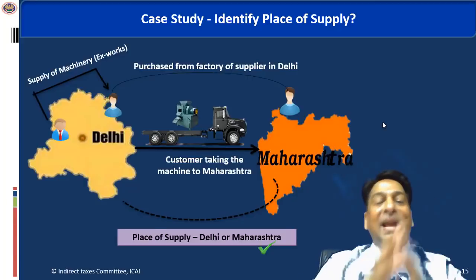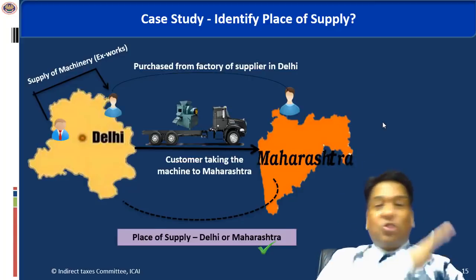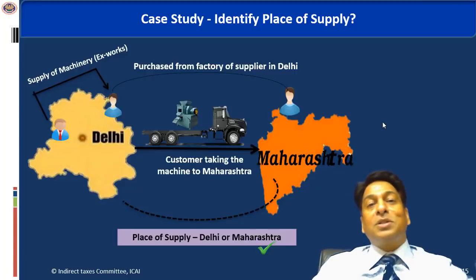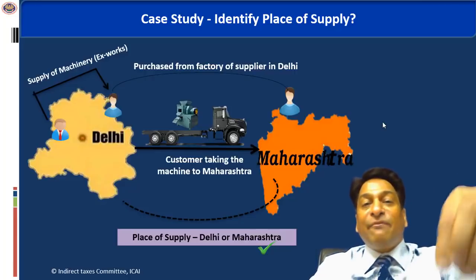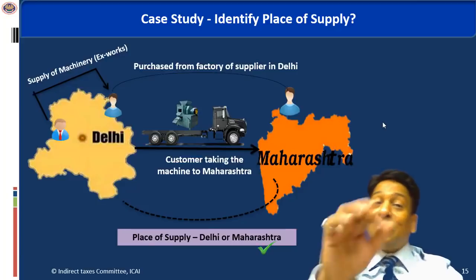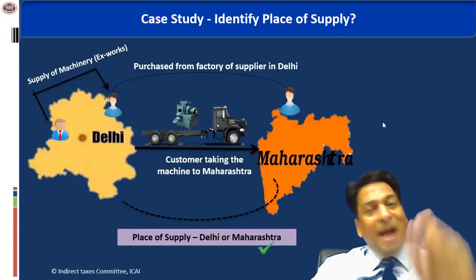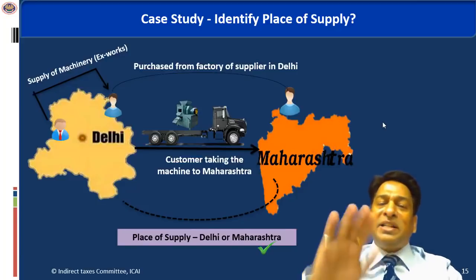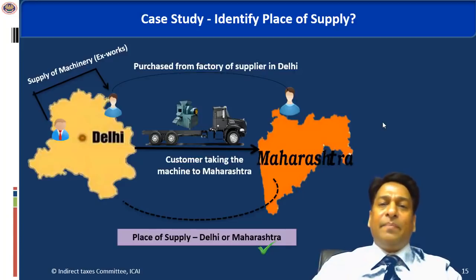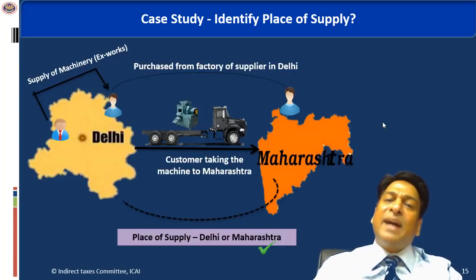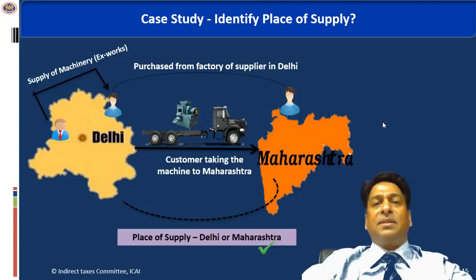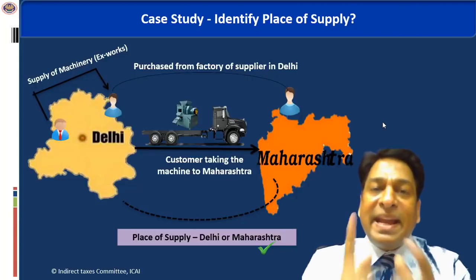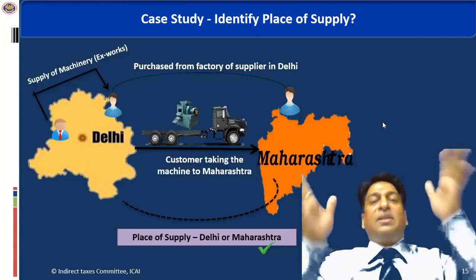Now I'm back to my question. In case of ex-works, where goods are handed over at the factory gate to the customer by the supplier, now it is at the disposal of the recipient. He can take these goods to Maharashtra or some other place. Tell me, would the transaction be intrastate or interstate?